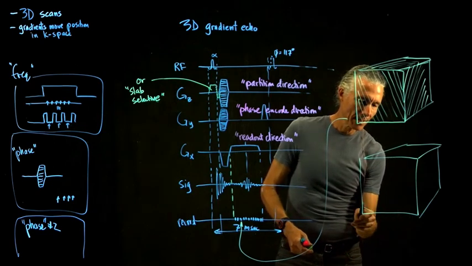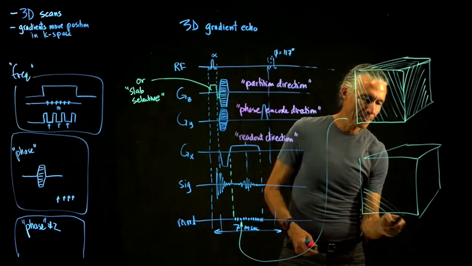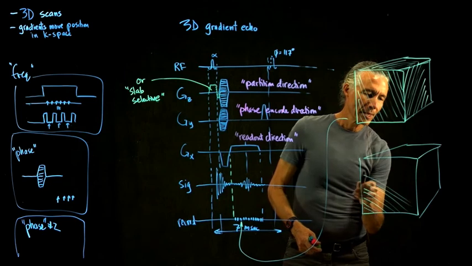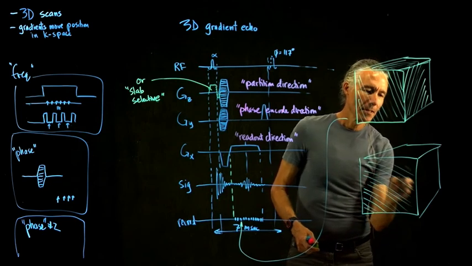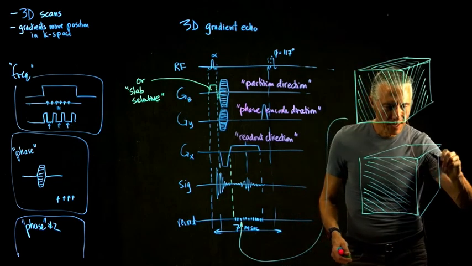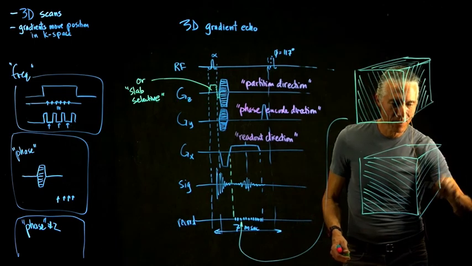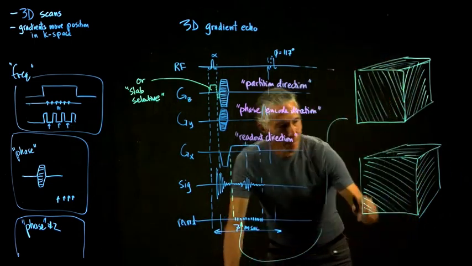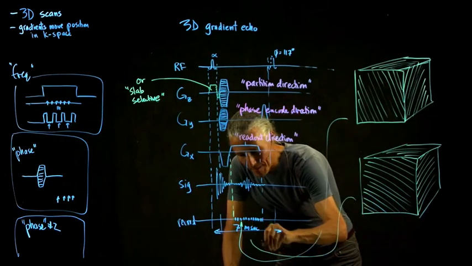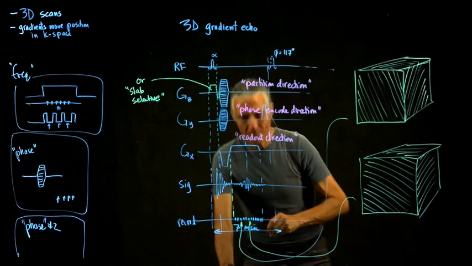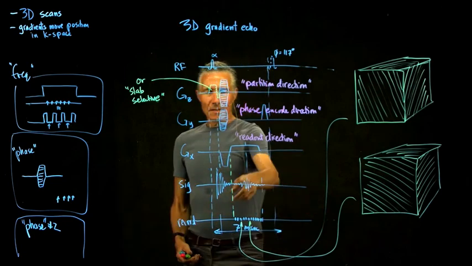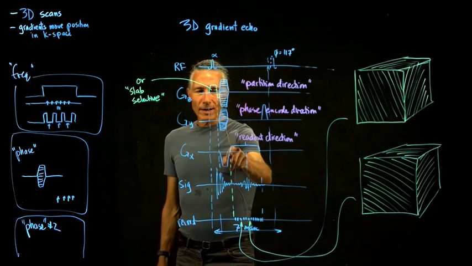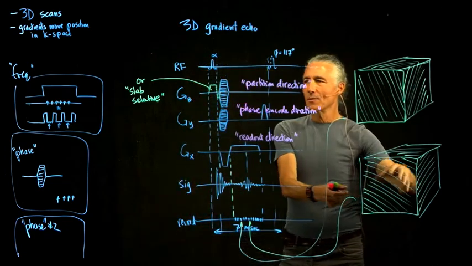So at a later point in time, the stripes will have rotated this way, but it's going to be a complicated rotation in 3D. This is at some later point in time, because the readout gradient was on, and so it continued to rotate these guys.